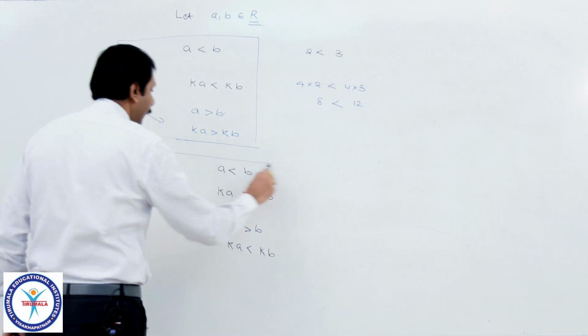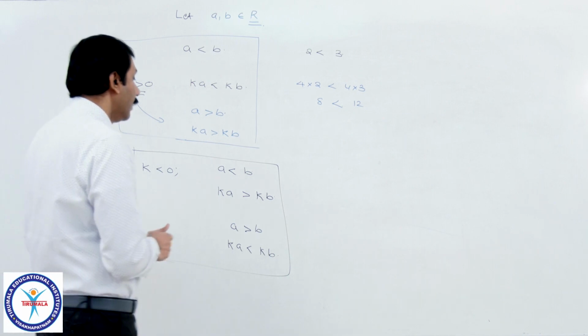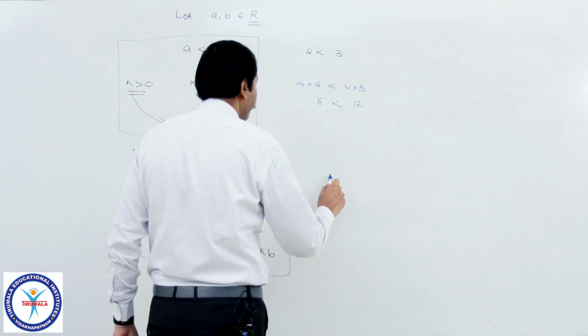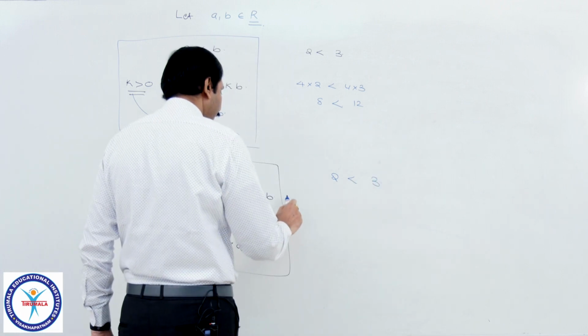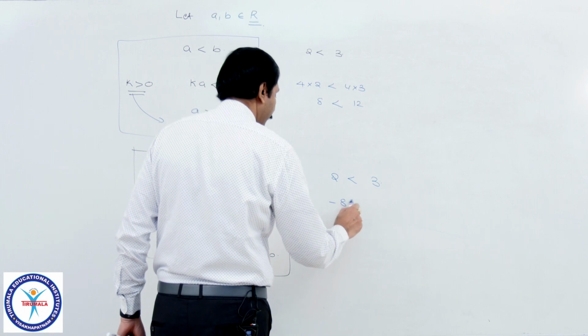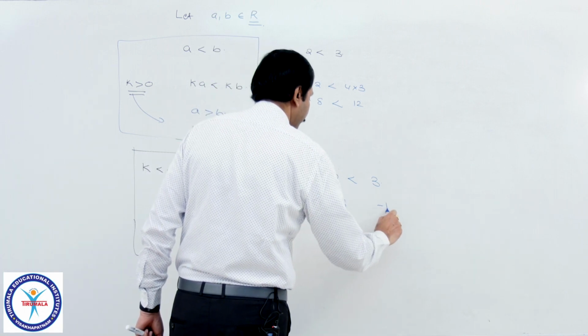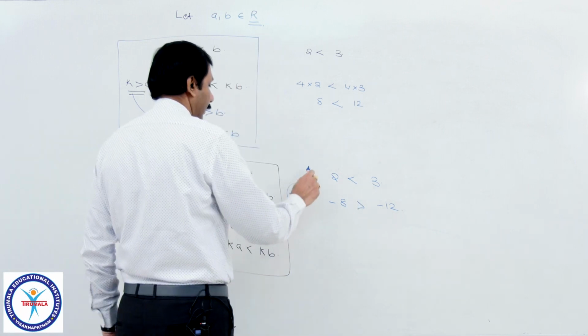It is when k less than 0 that the inequality will change in this way. For example, if I take the same thing, 2 less than 3, and multiply with minus 4, the left hand side becomes minus 8, the right hand side becomes minus 12. Yes, minus 8 greater than minus 12.